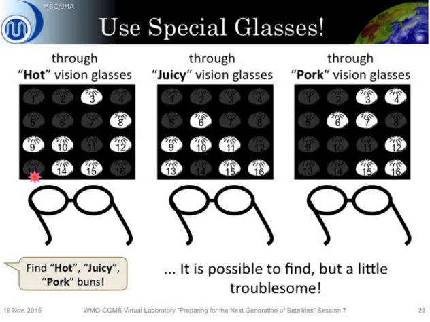This is the hot vision glasses, and you can find hot buns through these glasses. This is the juicy vision glasses, and this is the pork vision glasses. Using these three pairs of glasses, you can find hot, juicy pork buns. Have you already found them? I think it's possible, but a little troublesome.